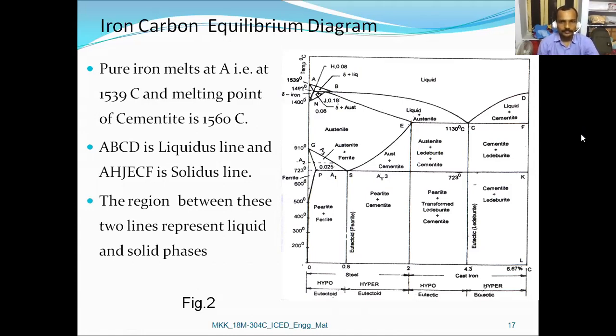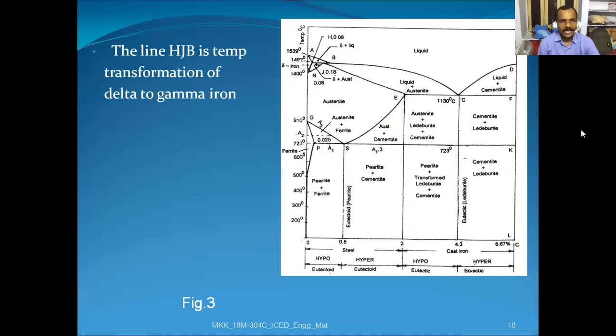The line HJB is the temperature of transformation of delta to gamma iron. So let us have a look at H, J, and B. This is J. HJB is the temperature of transformation of delta to gamma iron.